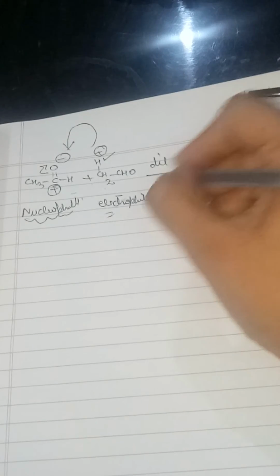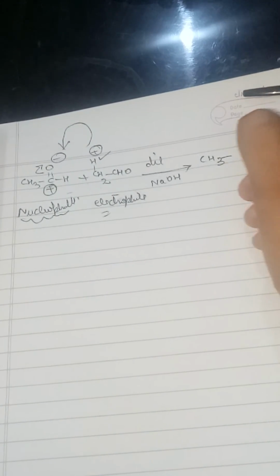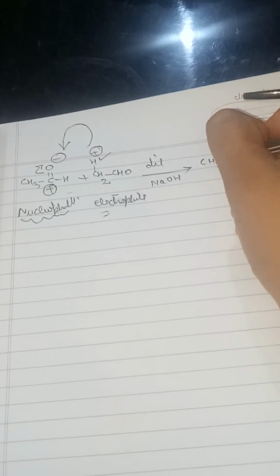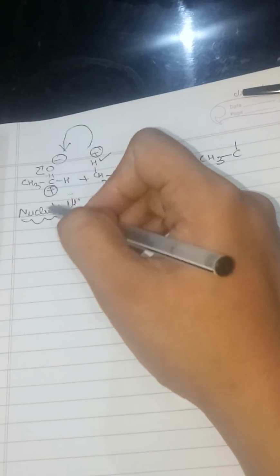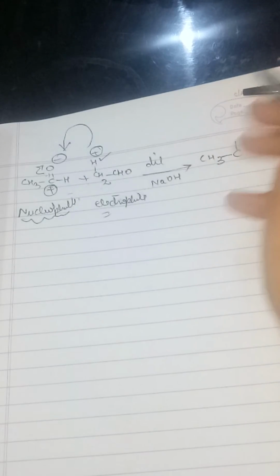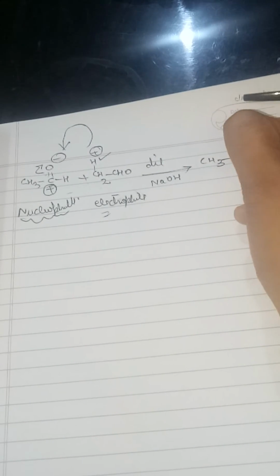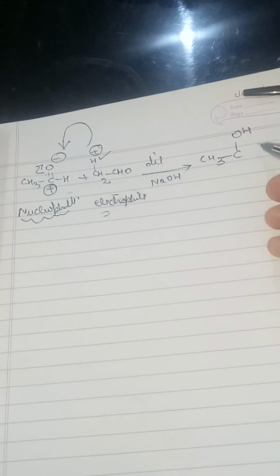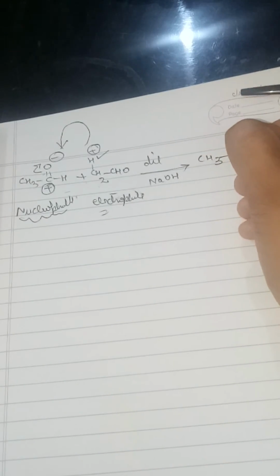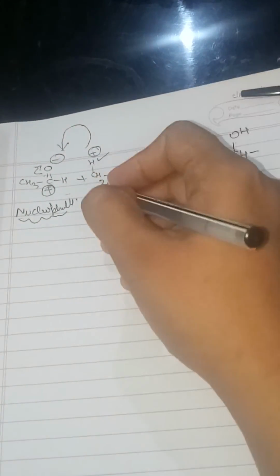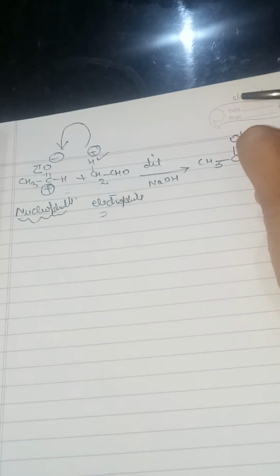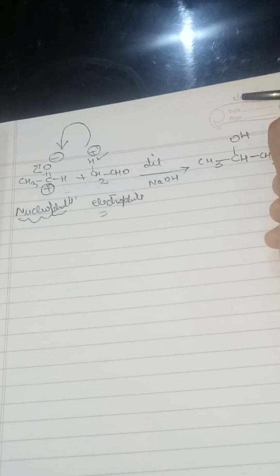We are left with CH3, then C single bond, because the bond polarity is maintained, and H is attached, so it will be OH, and the other chain will add up, CH2 CHO.